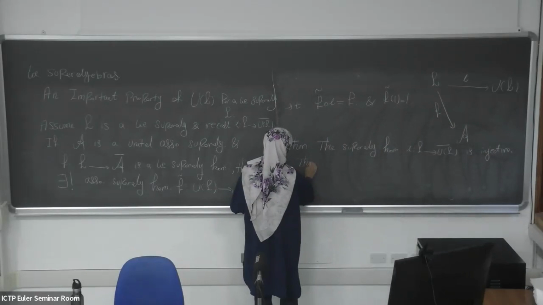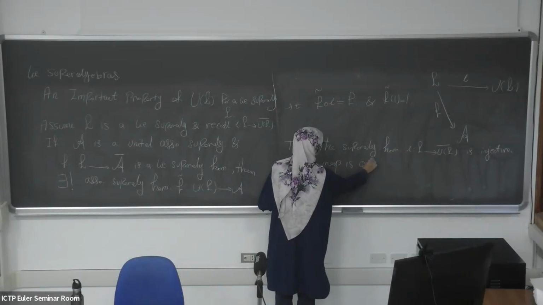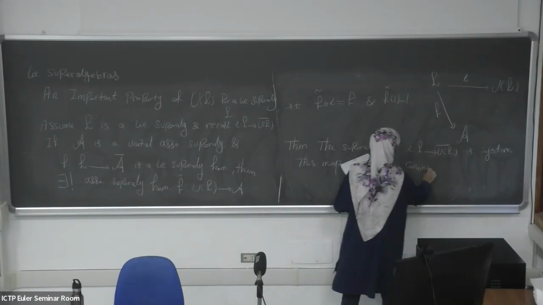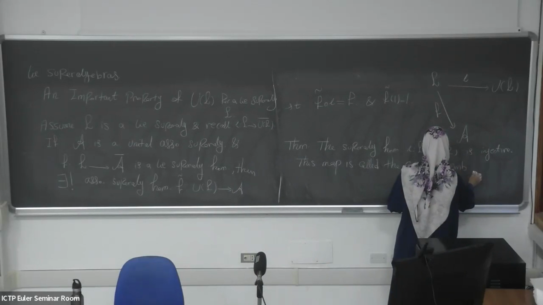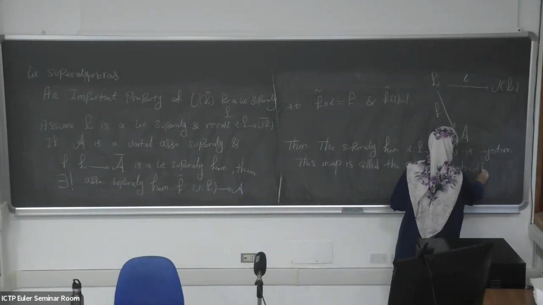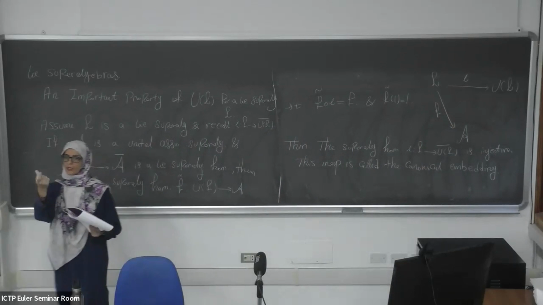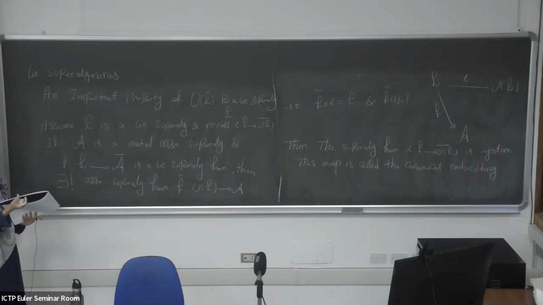This map is called the canonical embedding. Embedding means that you can consider L as a subalgebra of UL bar, right?